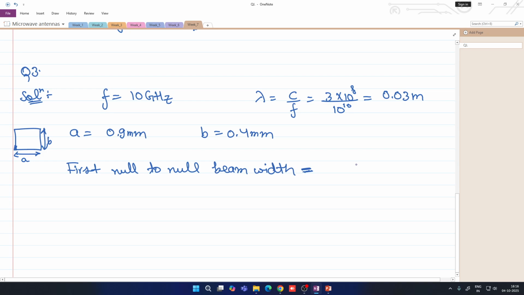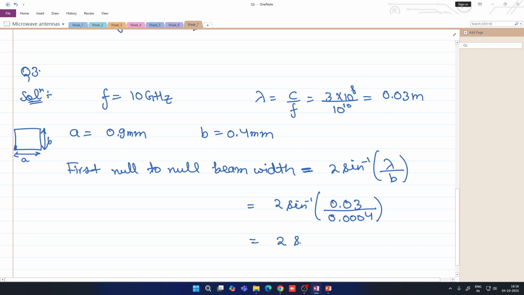The formula for this is 2 sine inverse of lambda by b, where lambda is 0.03 and b is 0.0004 in meters.